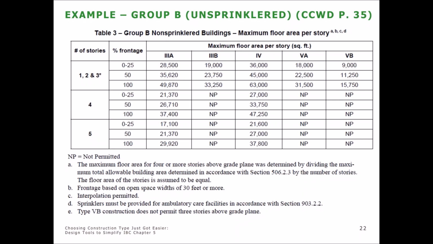And also, these footnotes will point out things that may not be obvious in Chapter 5. For instance, look at footnote D. Sprinklers must be provided for ambulatory care facilities in accordance with something in Chapter 9. If you're only working in Chapter 5 and you're using these tables, you could miss something in Chapter 9. We've tried to catch those things in the footnotes, so pay attention when you look at these tables. They're quick to use, but be sure and pay attention to the footnotes.